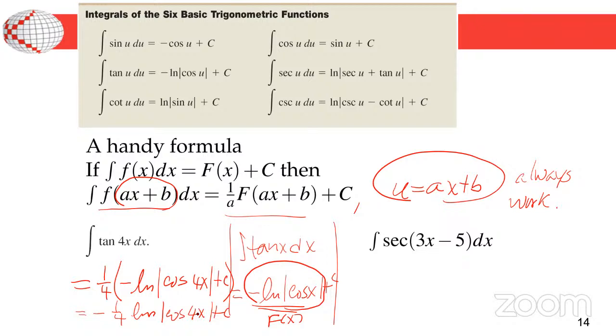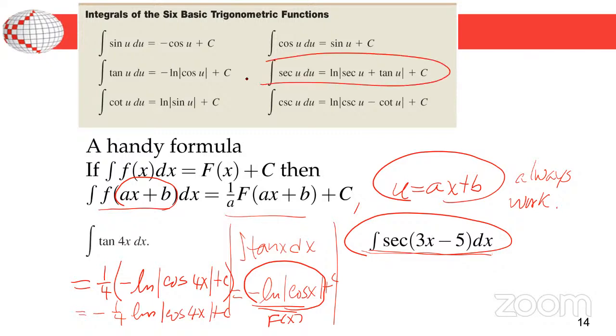Similarly for the second integral here, if you know the formula for the integral of secant x, you can write out the integral of secant 3x minus 5, or ax plus b. We need to use that formula, so we can write the answer right away.